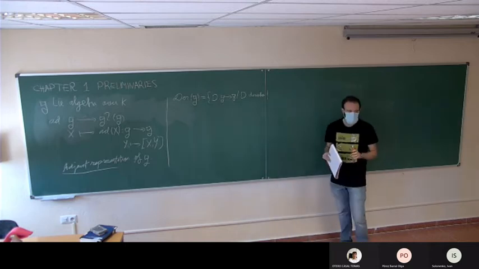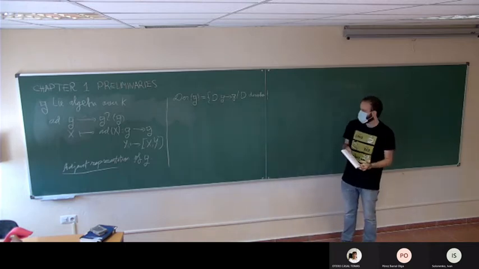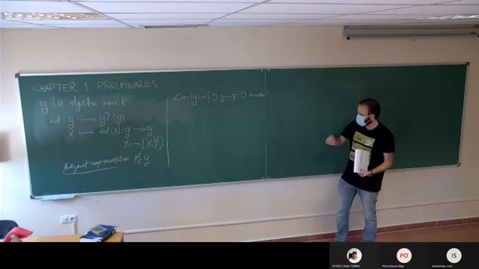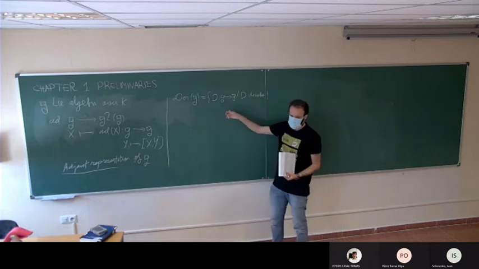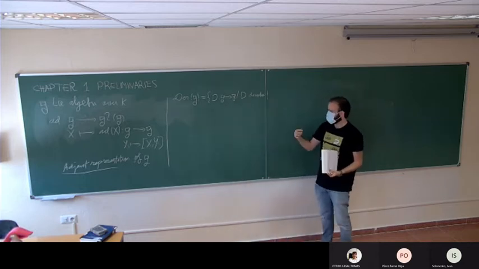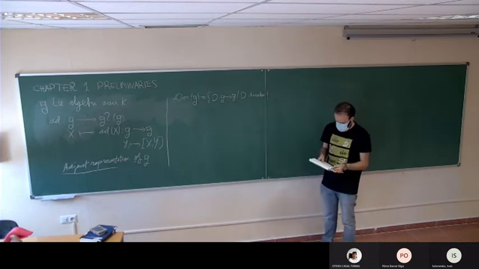So these are the K-linear maps which satisfy the Leibniz rule. So D applied to a bracket xy is dx times y plus x times dy.